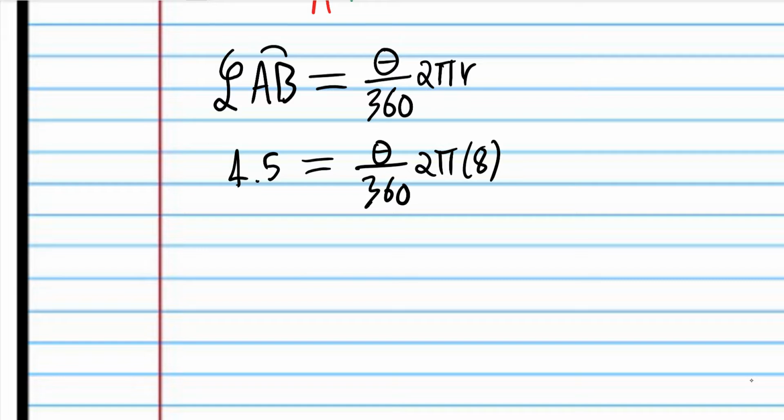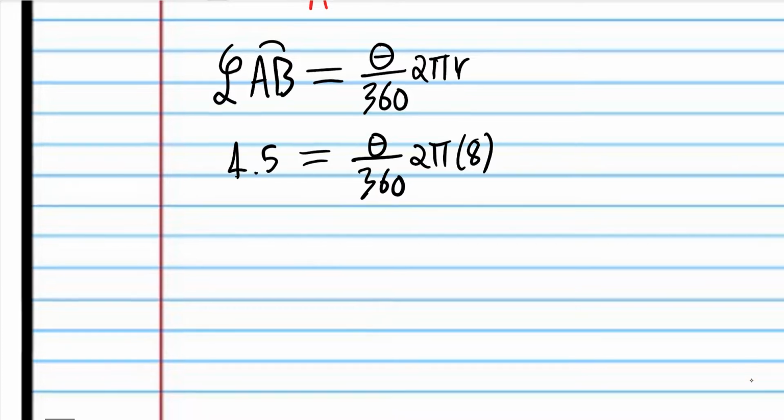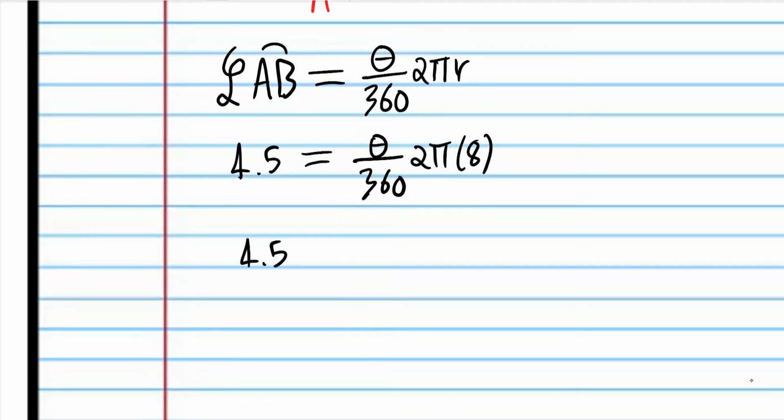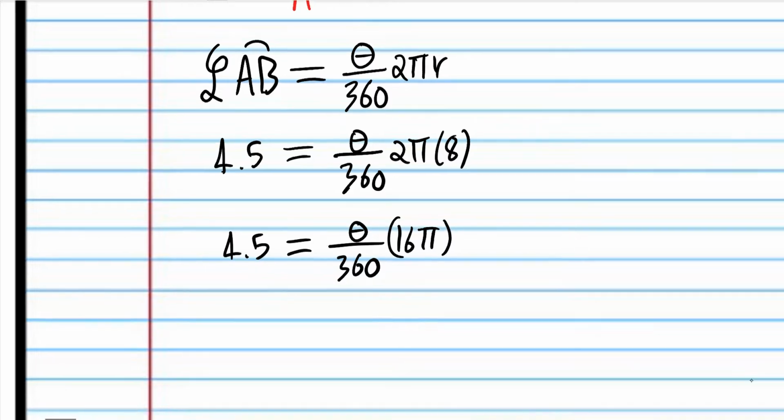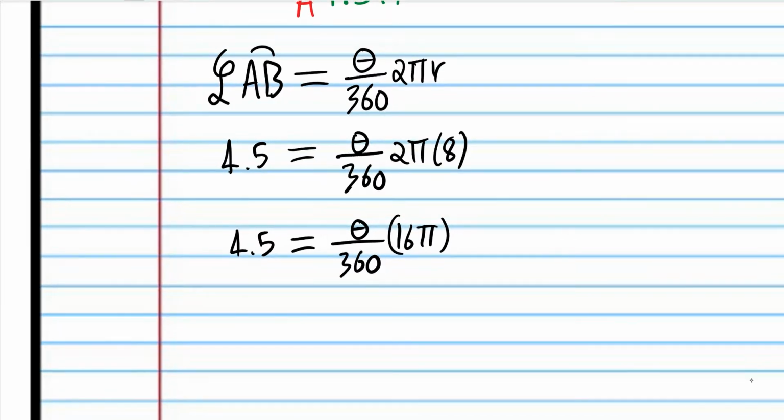There are a lot of different ways to do this, but I'm going to show you some of the steps because I don't want you to get confused if I do too much in my calculator. So 8 times 2 is 16, so we have 16 pi. That's the first step we can do. And again, you don't have to show every single step here, but I'm going to rewrite to show you the next step.